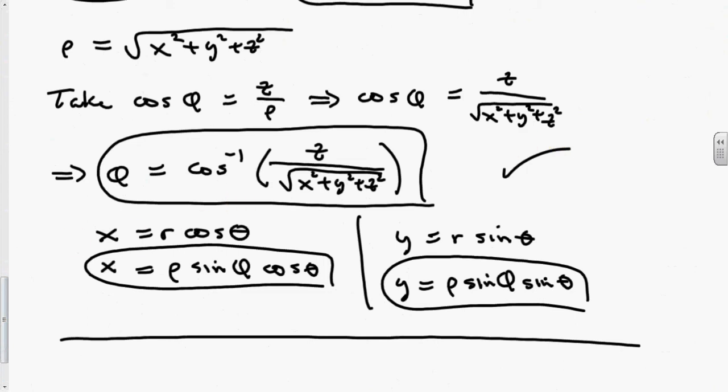So let's see. First problem, convert the point. What we're going to do with the exercises here is try to go back and forth. If a point is given in rectangular, can you convert that to cylindrical or spherical or vice versa, any combination. So here, convert the point from cylindrical coordinates to rectangular coordinates. It's in cylindrical, so let's label what we have.